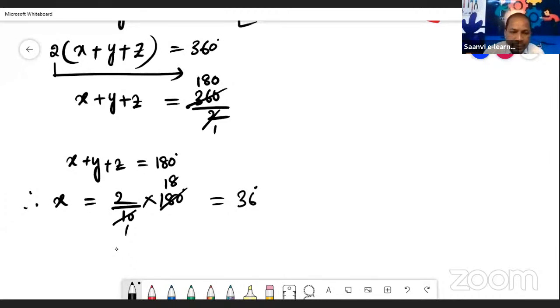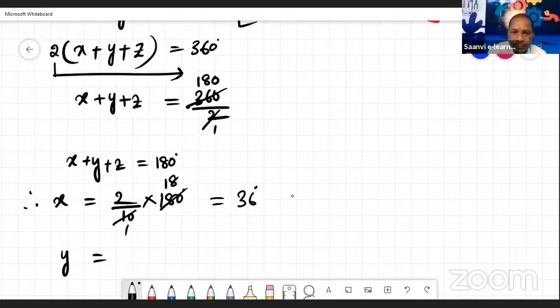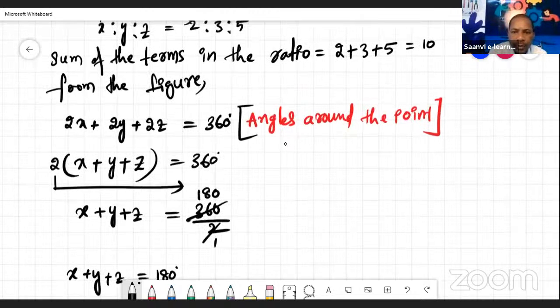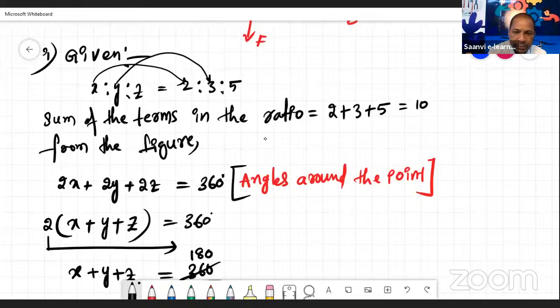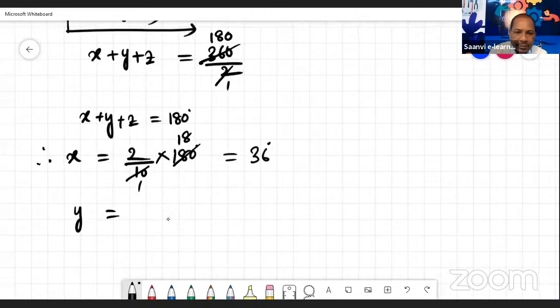Okay. In the same way, angle Y is equal to, find angle Y. Now take the part of Y. How much part is there in the ratio, the Y part? The part of Y is 3. So take the Y part 3 and the sum of the terms in the ratio 10 and sum of the angles is equal to 180 degrees.